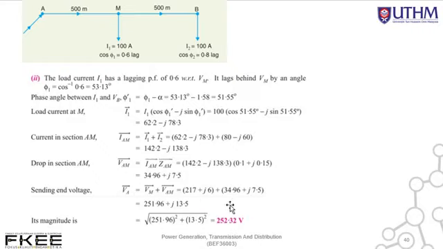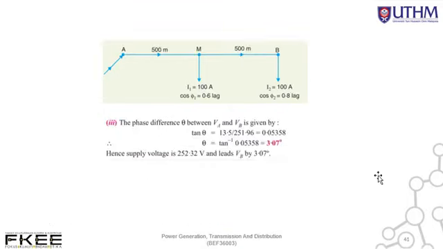Or you may convert it into polar form, and the magnitude represents the magnitude of the phasor VA, which is equal to 252.32. The angle of the polar form of VA, which is 3.07, provides the phase difference theta between VA and VB. Why? Because we set VB as the reference voltage and VB has 0 angle.